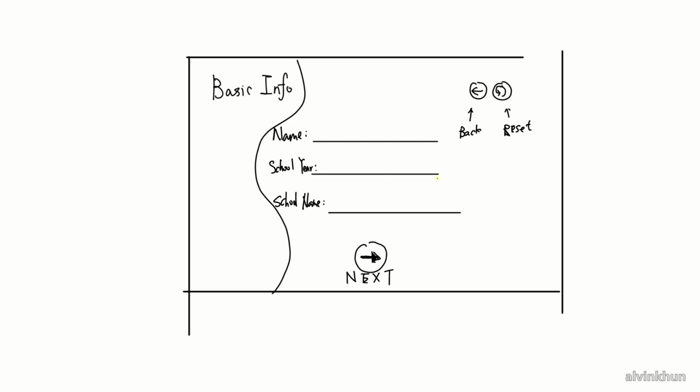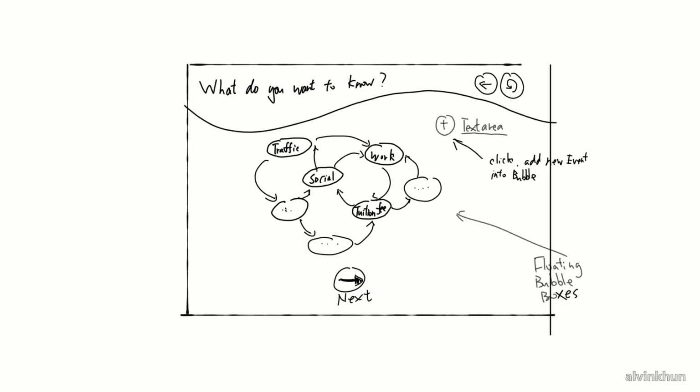After you fill out all the information, press next, and it will go to the interest gathering panel, and the system will show a set of floating checkboxes with the preset most popular interest points. By interest point, we mean what you want to know from this platform, from Pampo, and those are the preset popular options.